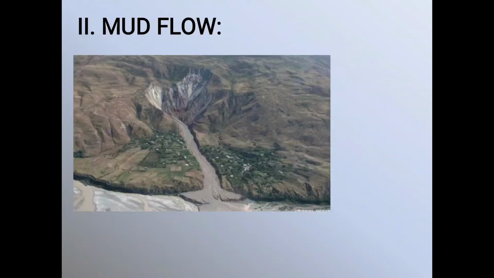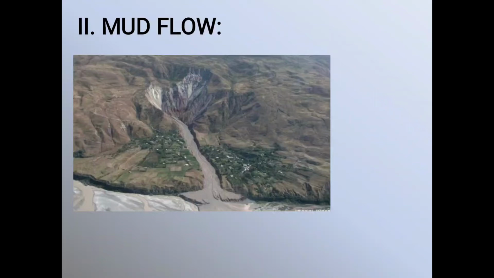It constitutes a considerable hazard in some parts of the world, but generally comes to a halt before moving very far down valley. It has an abrupt, well-defined margin and decreases in thickness towards the tongue or toe.